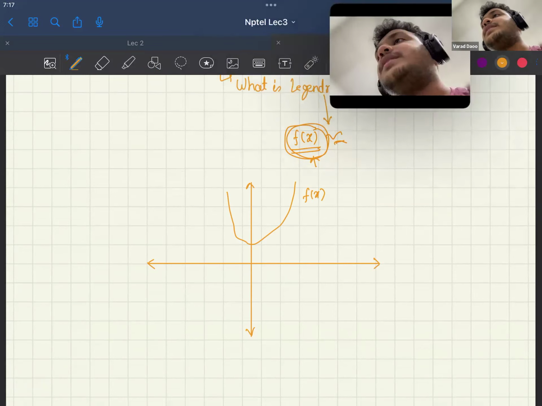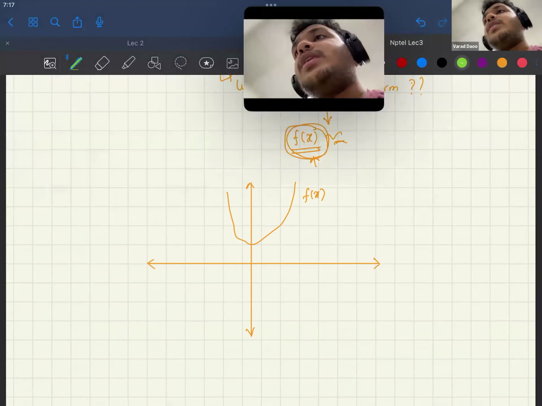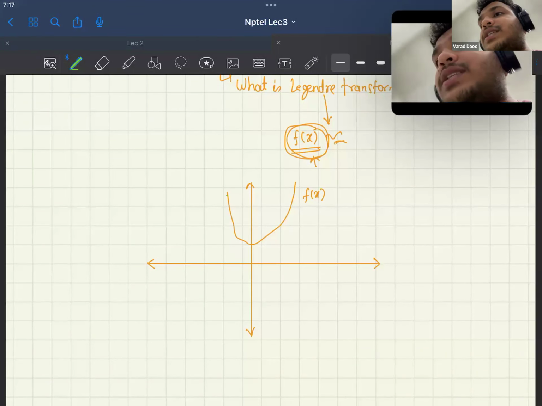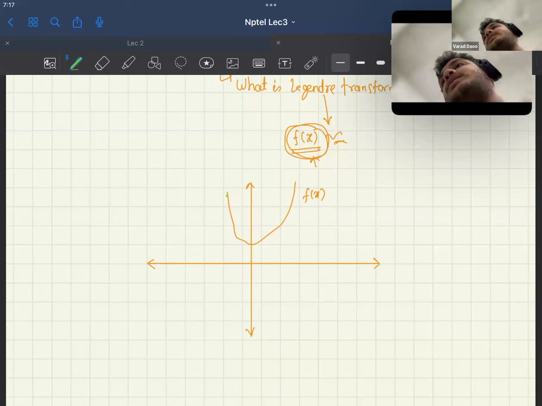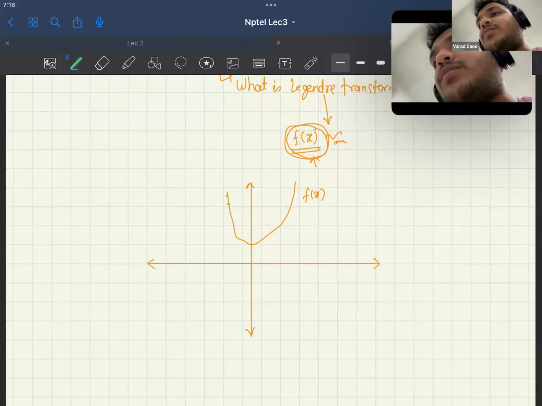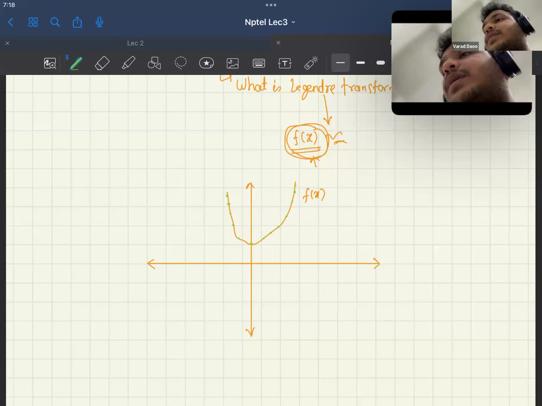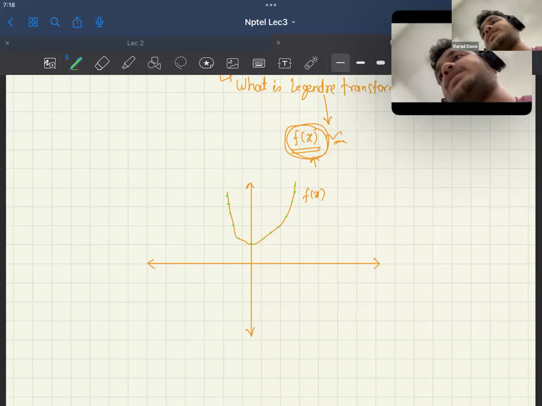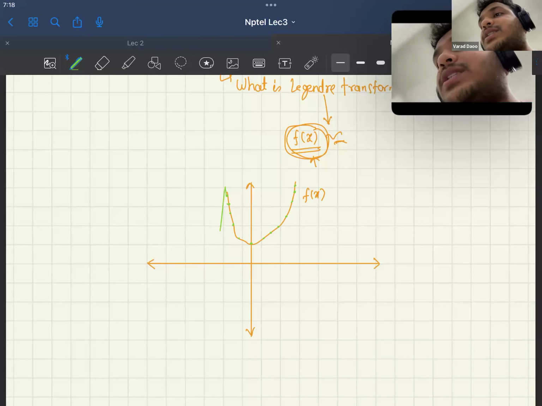Even so, for simplicity and understanding purposes, I will just discretize this function. Let's say these are the points which I have. The concept applies the same for a continuous function. Now I don't have access to this f of x, but I do have access if I draw the tangent. Let's say this is tangent one.